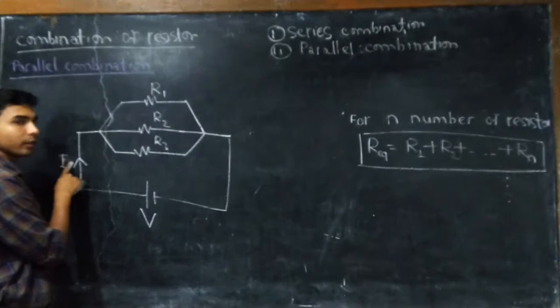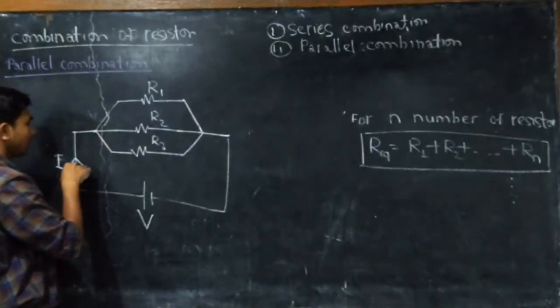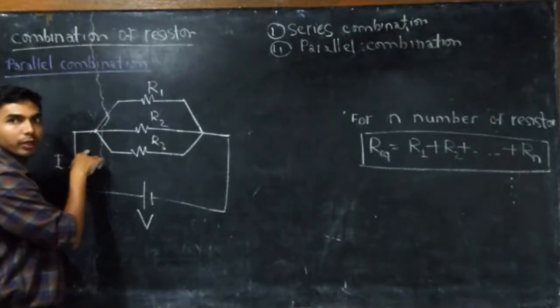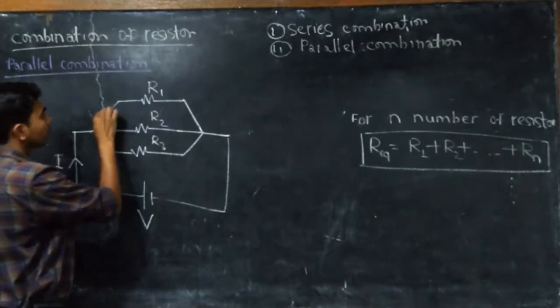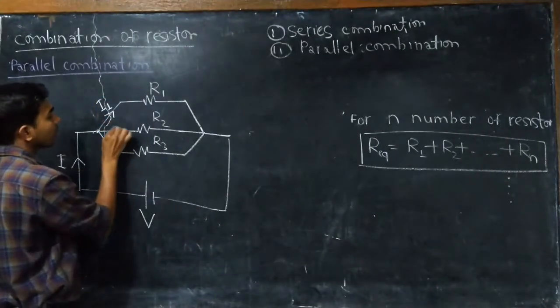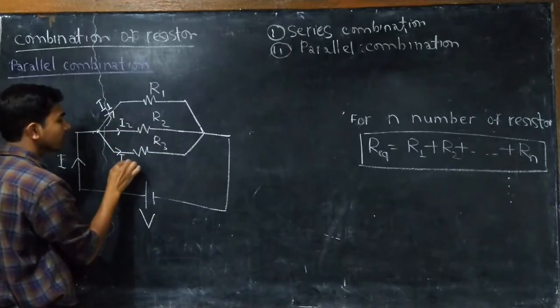See, this I is going to divide. I will come here, right? At this point, this I is going to divide into 3 parts. Suppose I1 current is going in this direction, I2 in this direction, and I3 in this direction.